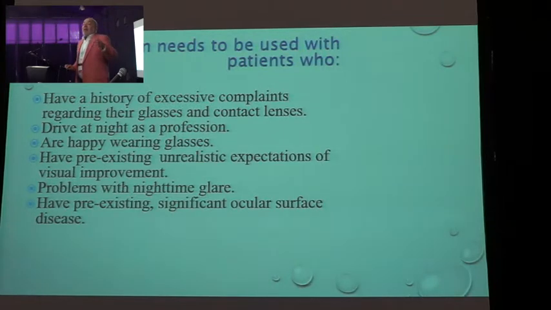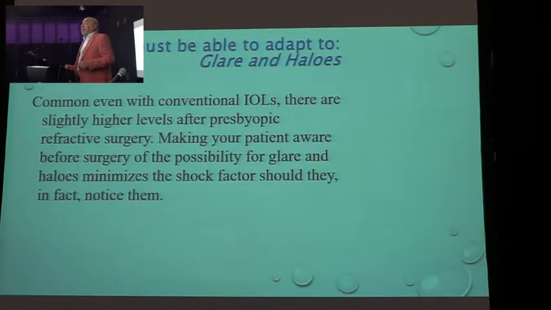So, when we choose our patients, we need to take into account the following: have a history of excessive complaints regarding their glasses or contact lenses, drive at night as a profession, are happy wearing glasses, have pre-existing unrealistic expectations of visual improvement, problems with nighttime glare, and have pre-existing significant ocular surface disease, that is to say, dry eyes. Patients must be able to adapt to glare and halos.